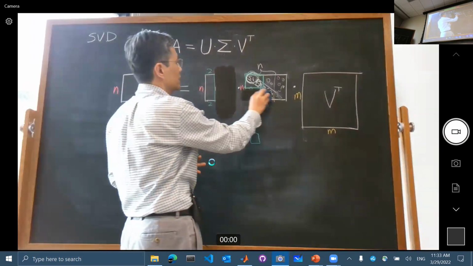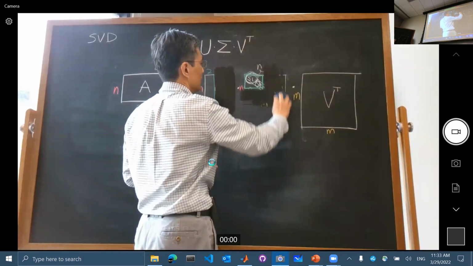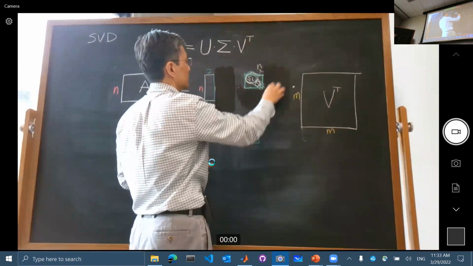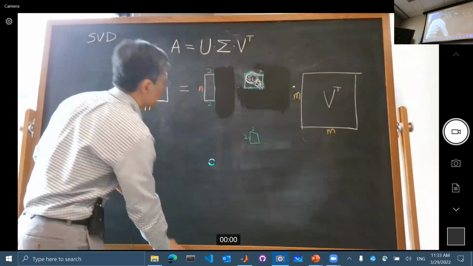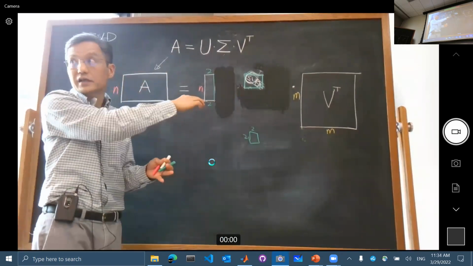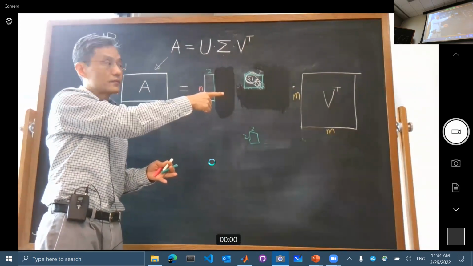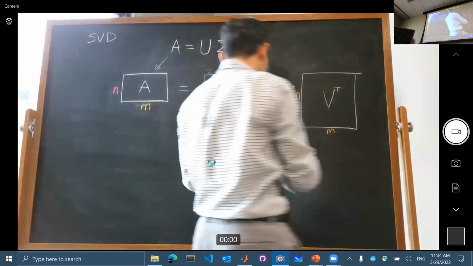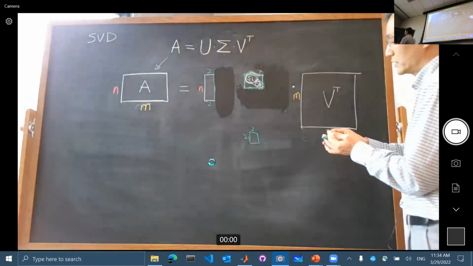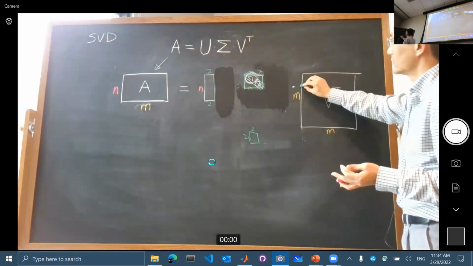Get rid of this part. So now the end product of this is n by 2. And I have to truncate this part as well. It has to be 2 by n.